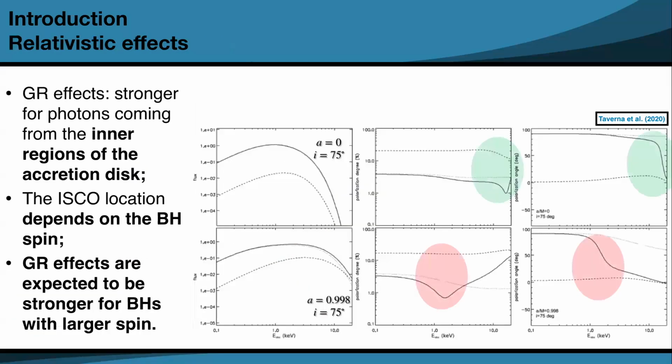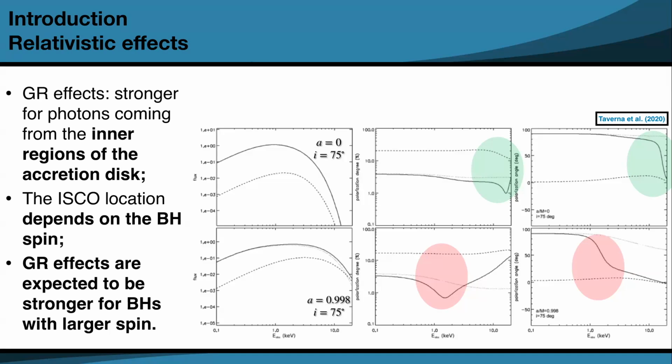Both those effects are expected to be stronger for photons emitted in the inner region closer to the black hole. Since the location of the innermost stable circular orbit depends on the spin of the black hole, the influence of those effects is expected to be stronger for black holes with larger spin.